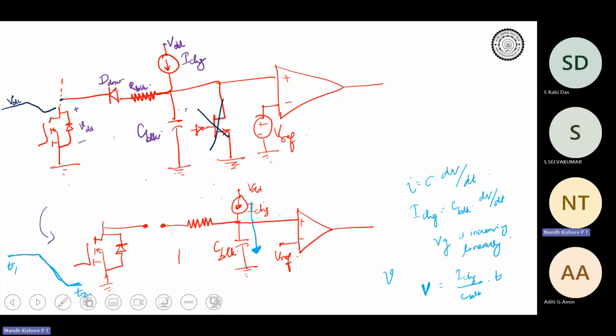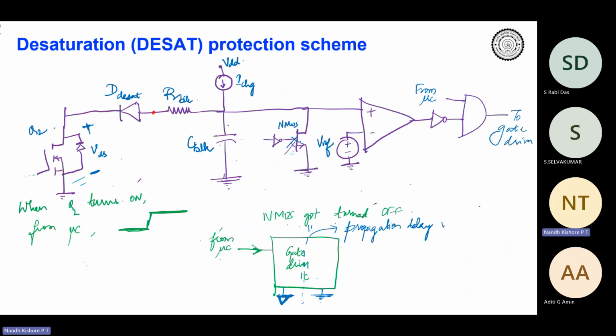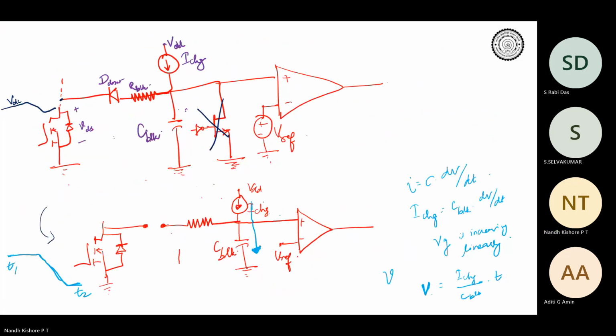So between T1 to T2, right? The voltage at the end of T2 would be equal to, let me call this VC. So the voltage would be equal to I charge by CBLK into T2, right? So this would be the voltage across the capacitor. Okay.